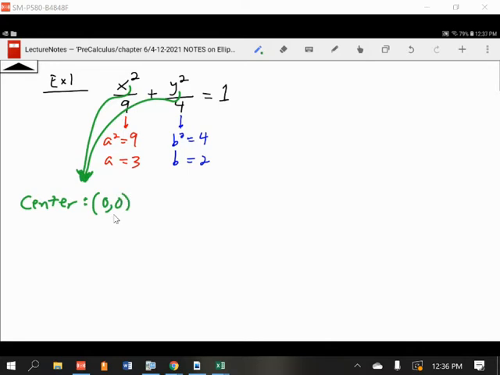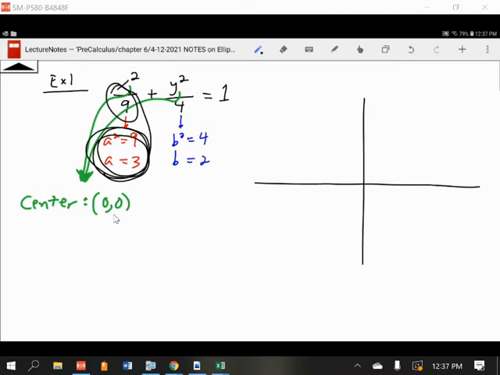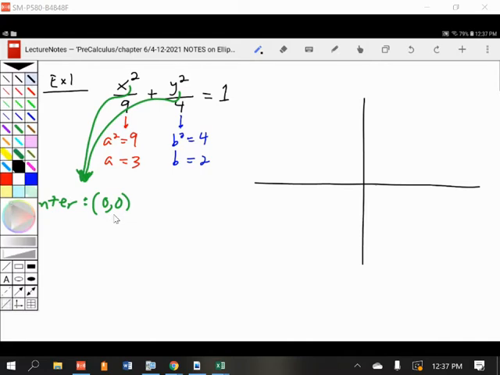Okay? So when I go to make my graph, first of all, is the major axis horizontal or vertical? The major axis is horizontal because the bigger number is with x. The center is 0, 0. So here's my center, 0, 0.